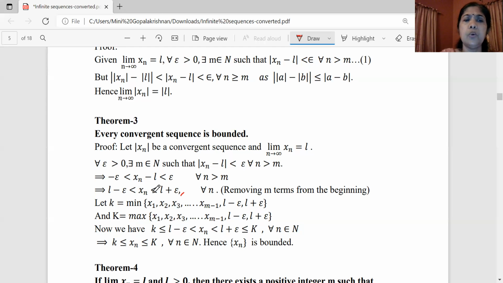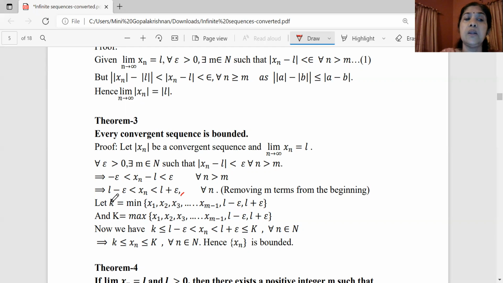Now we have a few quantities here: some members of the sequence, which are x1, x2, x3 till xm minus 1, and then we have L minus epsilon and L plus epsilon, where L is the limit. We'll take the minimum of all those quantities as small letter k and the maximum of all those quantities as capital K. We have to prove that the convergent sequence is bounded, so we are looking for bounds.